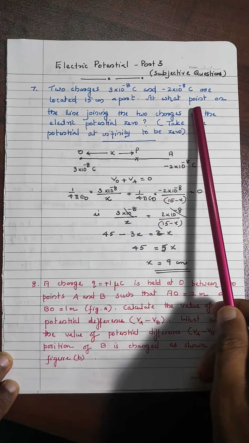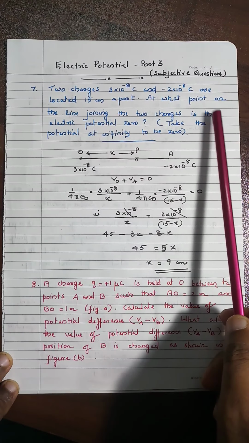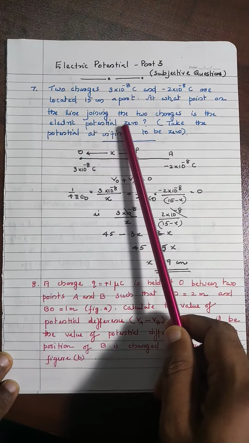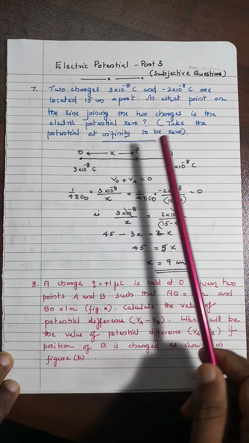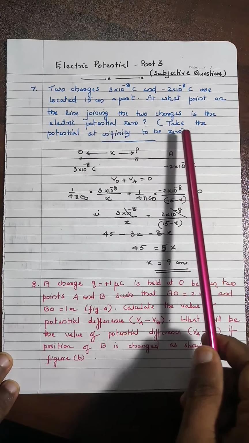At what point on the line joining the two charges is the electric potential zero? Take the potential at infinity to be zero.